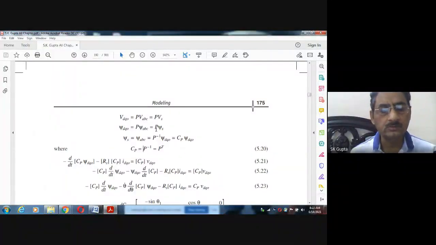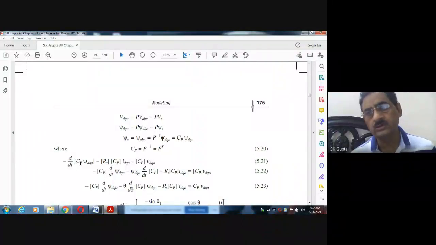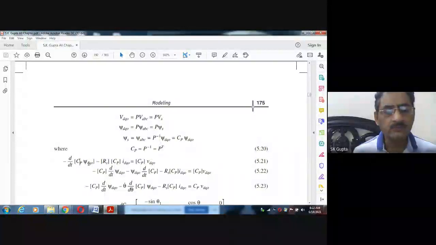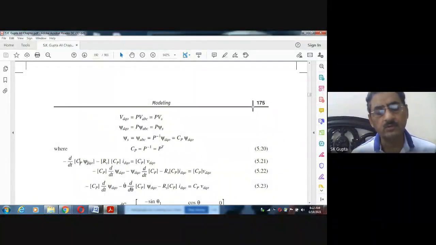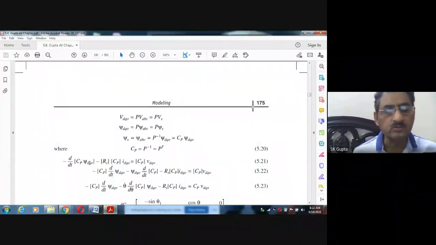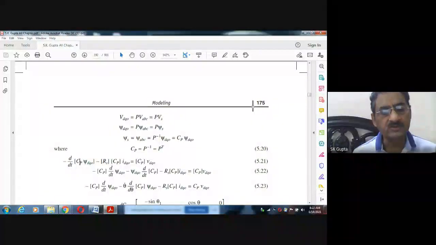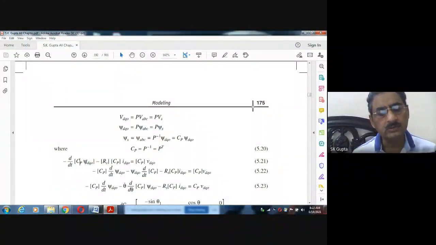So this is theta, and theta is a function of time, because the angle changes with time. And the fluxes also change with time. So both are functions of time. So if you differentiate this, first you take the differentiation of this, then you can take the differentiation of this. So taking my Cp as it is, the differentiation of psi dq0, then psi dq0 as it is, the differentiation of Cp.